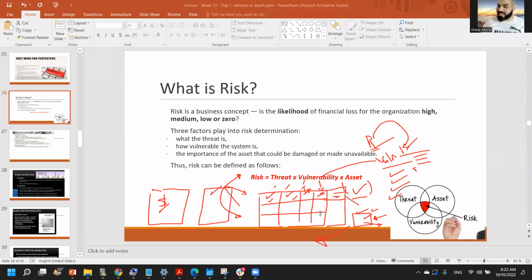The vulnerability in this laptop is that the data is there without any kind of protection, so the data is in clear text. And the threat here is a physical threat: someone can steal this laptop, for example if you are out of the company and you leave it in a coffee shop or something.